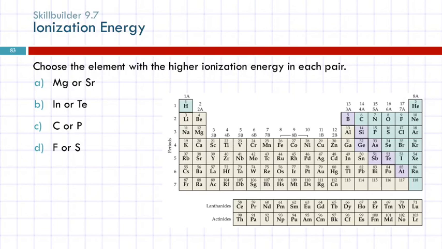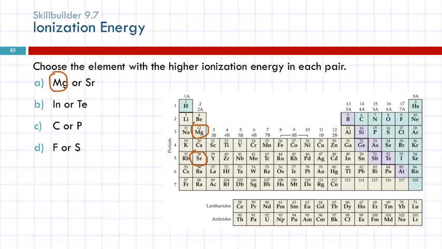Choose the element with the higher ionization energy in each pair. So we find them on the periodic table: magnesium and strontium. Which one has the higher ionization energy? The magnesium. The trend is that as you go down, the ionization energy becomes smaller. How about indium or tellurium?